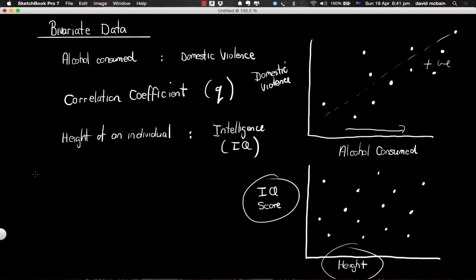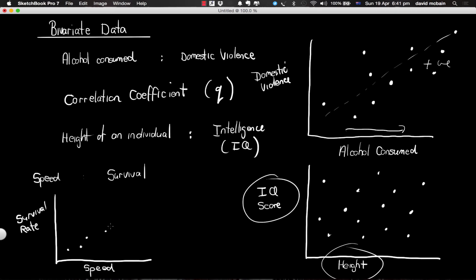And so we want to do an investigation on speed versus survival in an accident. And we might draw a scatter graph like this, where speed is along the horizontal axis and the survival rate is along the vertical axis, and we might get something that looks like this.